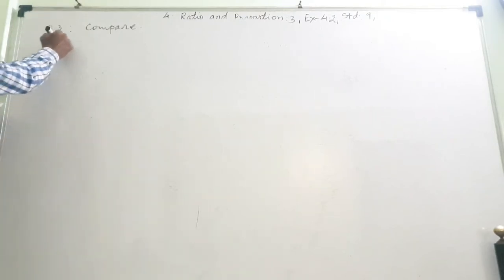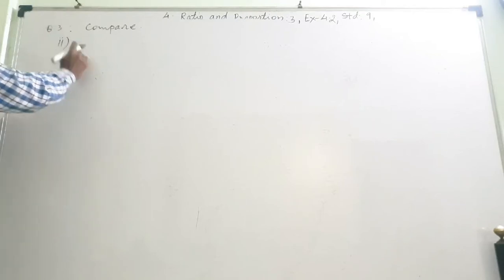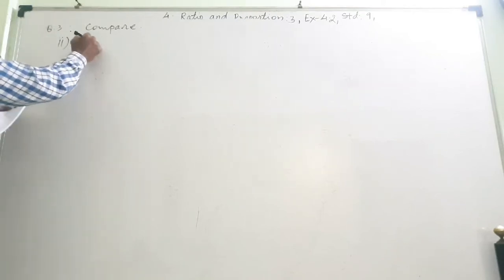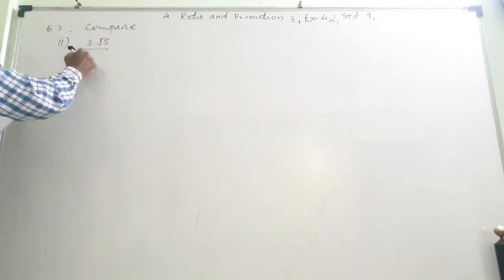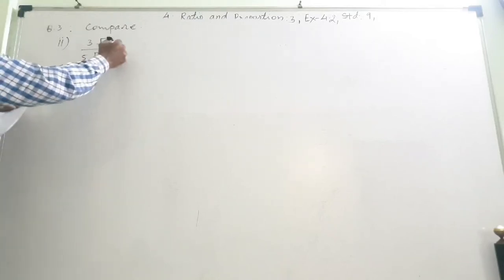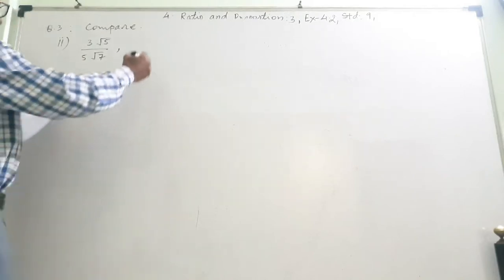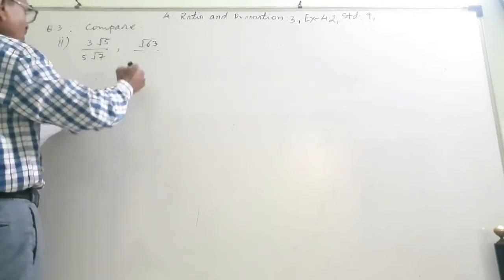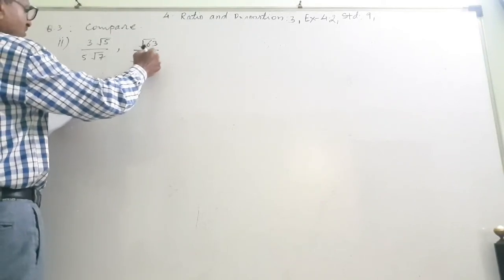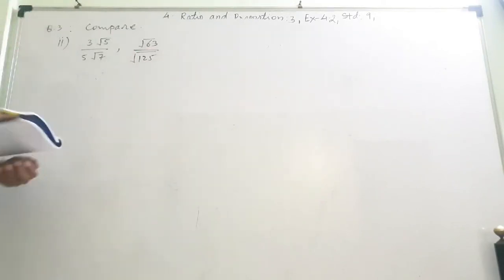The second one I will take: 3 root 5 upon 5 root 7, comma, root 63 upon root 125. What will I do?